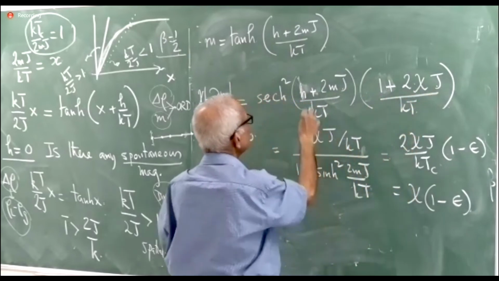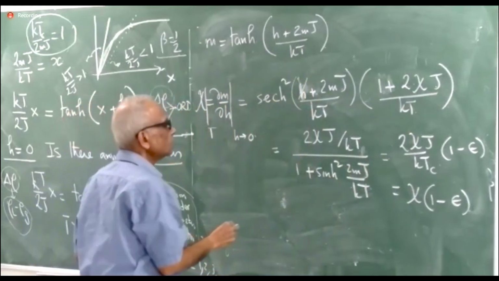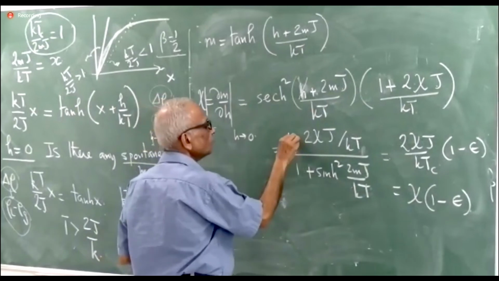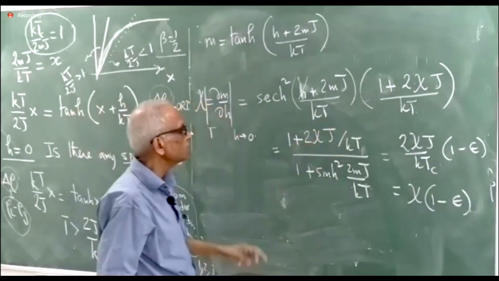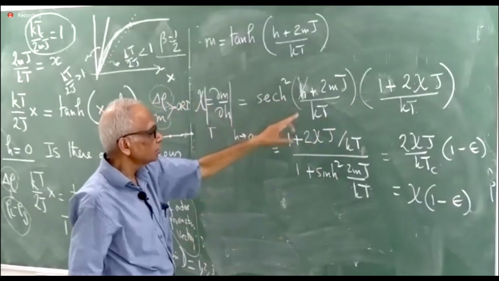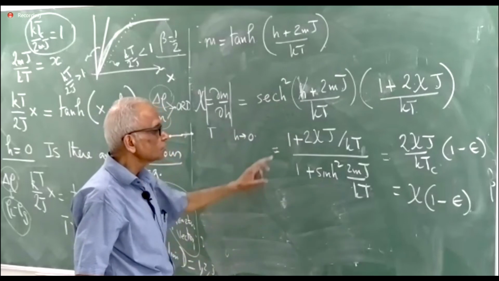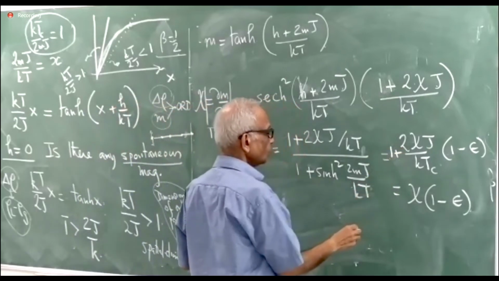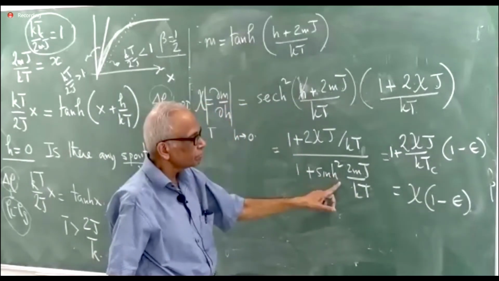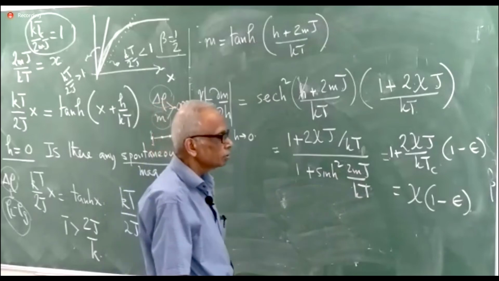Take h going to 0. This is not important over here, and I should have had 1 plus 2 chi J over kT. That part is 1 plus sinh squared in the denominator. Sinh squared m is small, so I don't want that.